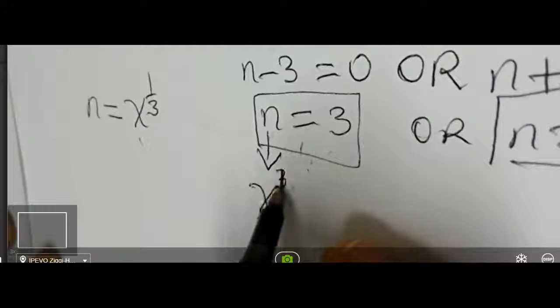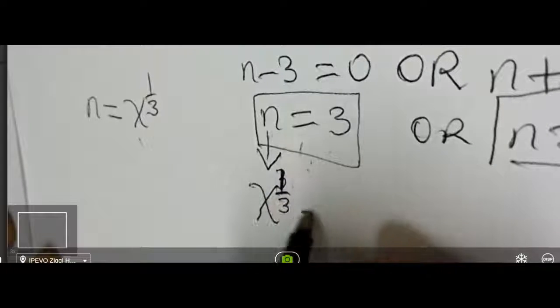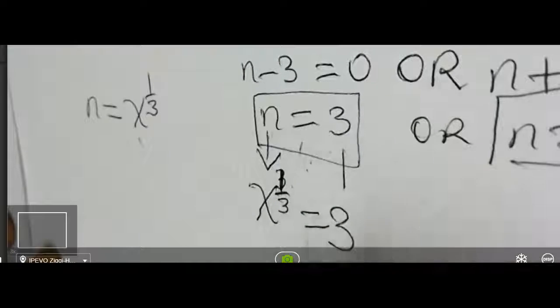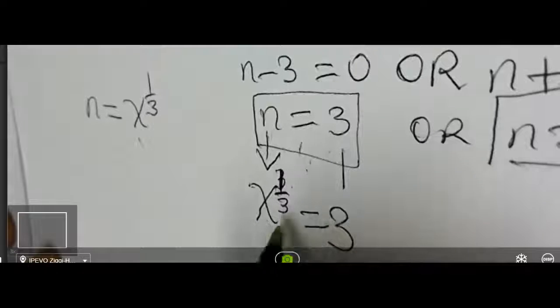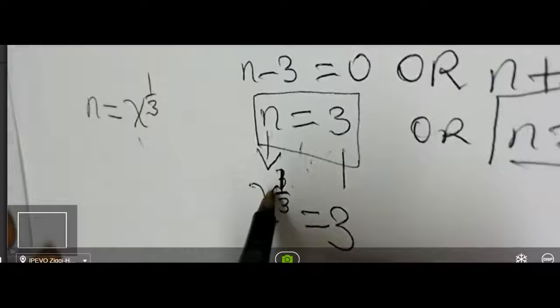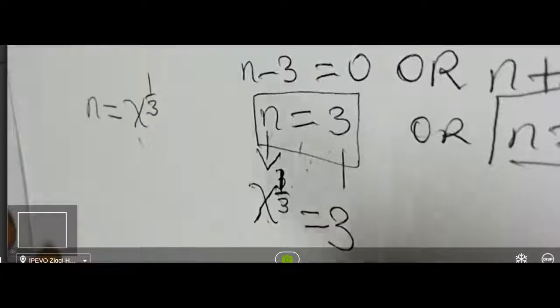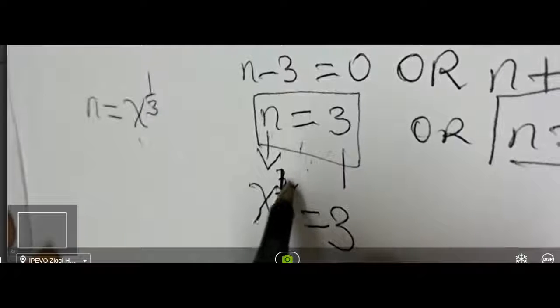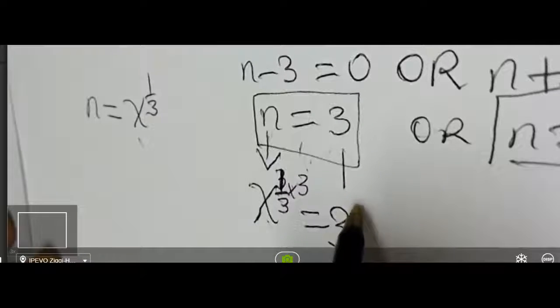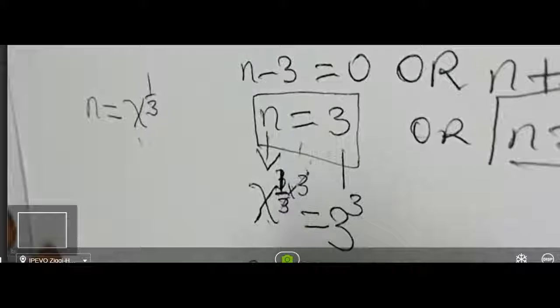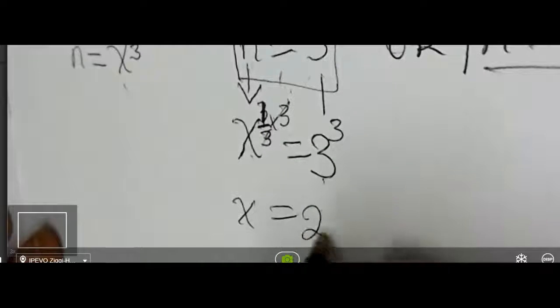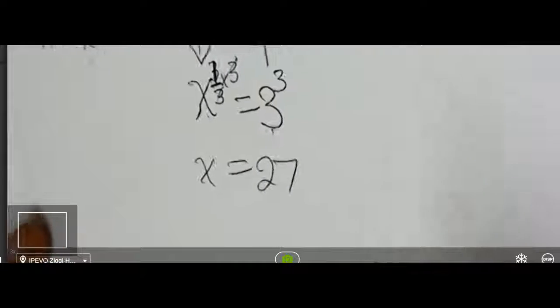So x to the 1/3 equals 3. To solve for x, even if you change this to the cube root, it's the same thing. So if we cube both sides, then x is going to be 3 times 3 times 3, which is 27.